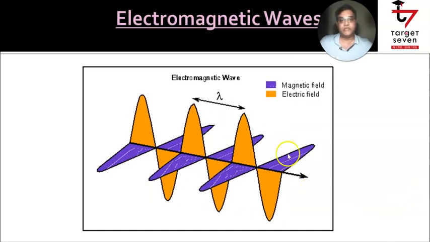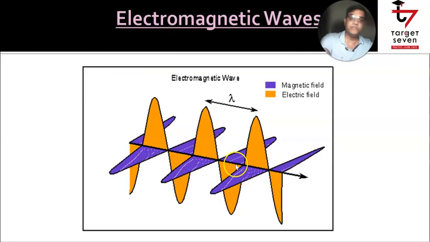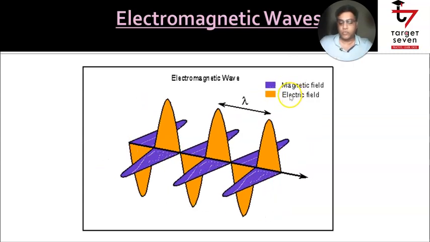Along the yellow direction, that is along the vertical axis, I have the electric field oscillating. Along the z axis, I have the magnetic field oscillating, while along the horizontal axis, that is along the x axis, I have the wave itself propagating.